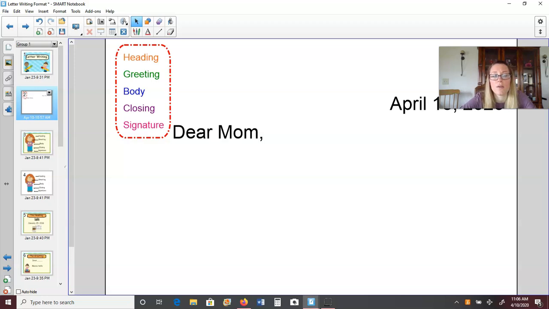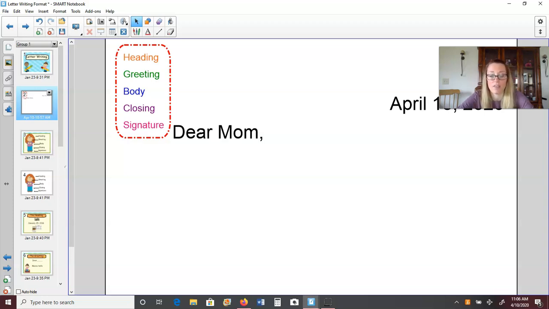I know you guys should have all received something in the mail from me. Hopefully it came over the weekend or last Friday, so you could even use that as your idea for writing a thank you letter. So I am going to write my letter to thank my mom for some really pretty flowers she got me for Easter.